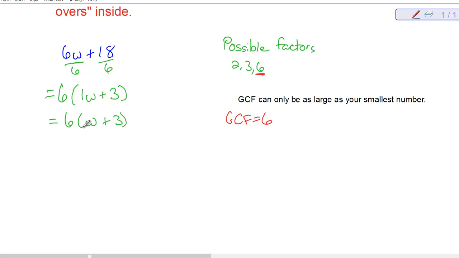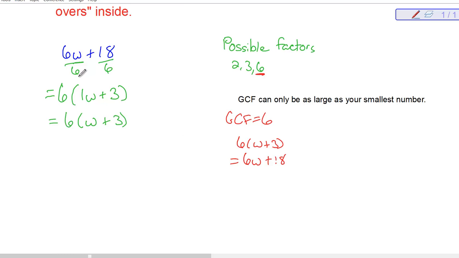So I can always come over to the side and check myself. I have 6 times w plus 3. Remember, whenever we were multiplying, we distributed this 6 back in here. So that would be 6 times w, which gives me 6w, and then 6 times 3 gives me 18.